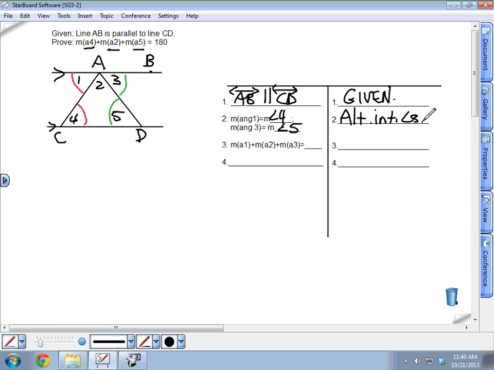Now, the measure of angle 1 plus the measure of angle 2 plus the measure of angle 3 is equal to, what's this whole thing equal to? 180, right? Supplementary angles. Isn't it the definition of a straight angle, but it's also the angle addition postulate, isn't it? I would just say angle addition postulate.